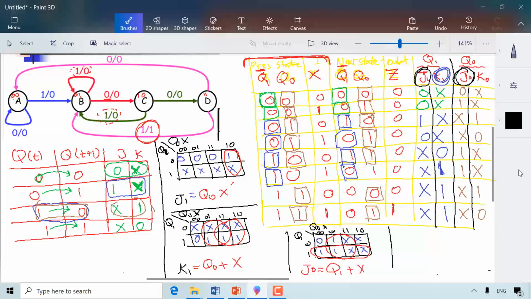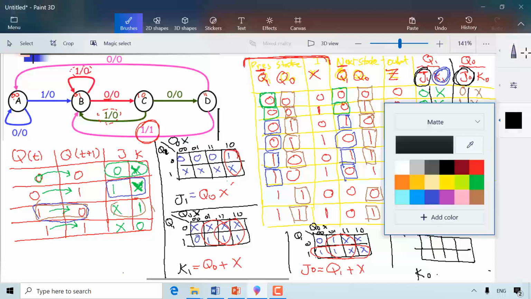Okay. Final K-map for K0. Okay, so let's draw the K-map. Again, Q1, Q0, X, right? And let's have this here.